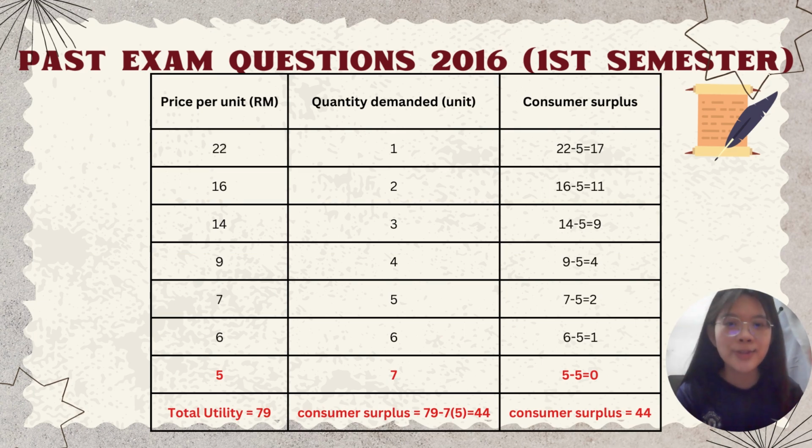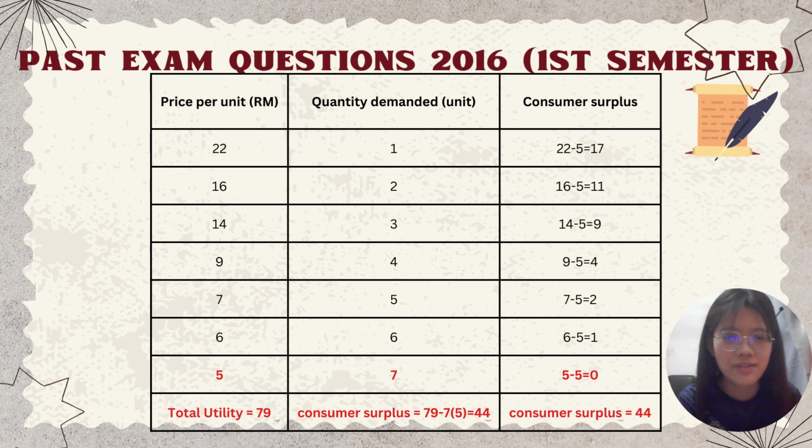The total utility of the good can be gained by summing up the price per unit, which is 22 plus 16 plus 14 and so on, and the answer is 79. Since we have assumed that RM5 is the market price of the good and the quantity demanded at the market price is 7, the total price will be 5 times 7, which is 35.